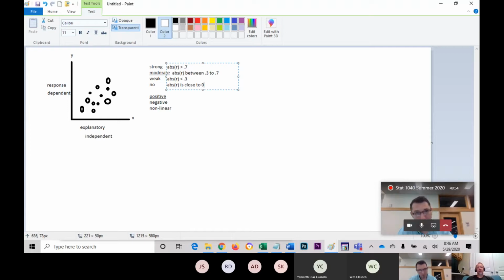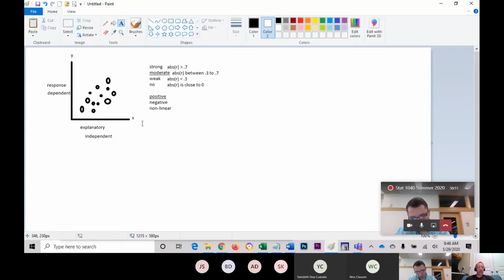So it's funny because I always give students these rules, and then I break them. I'll break them on Monday. But so long as you're looking at a scatter plot, these are some good rules that we'll use.